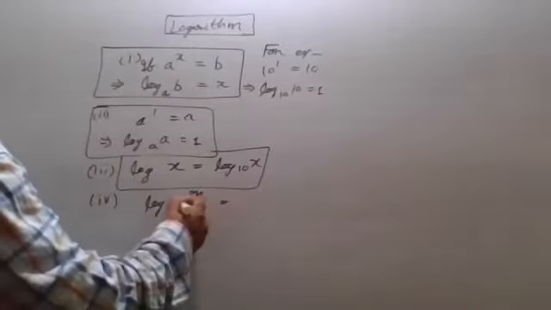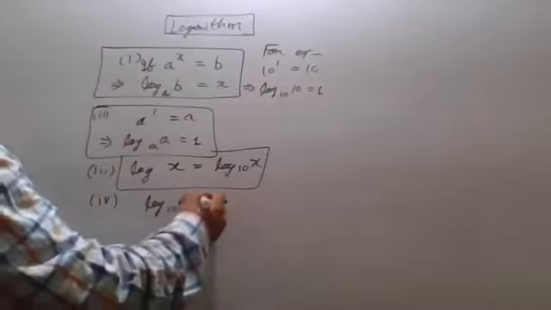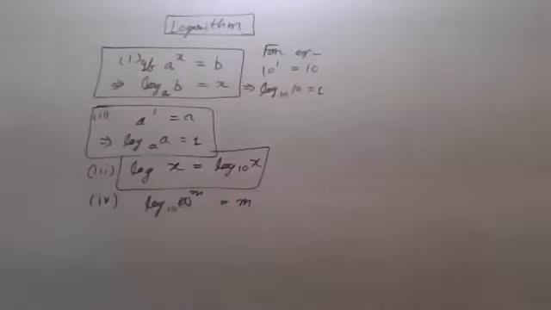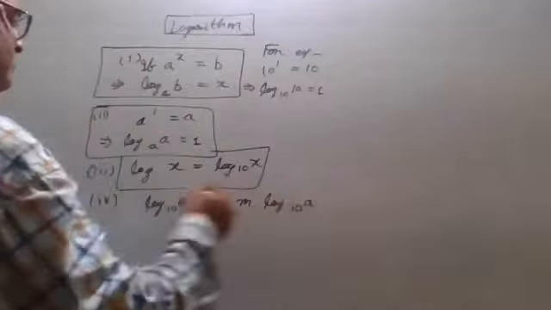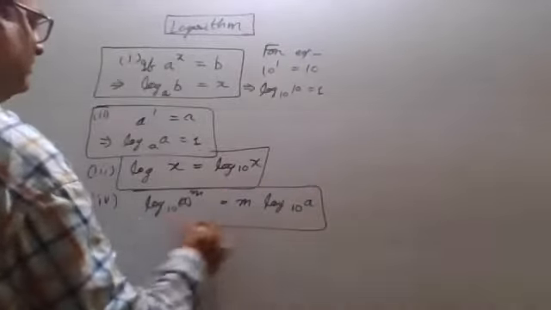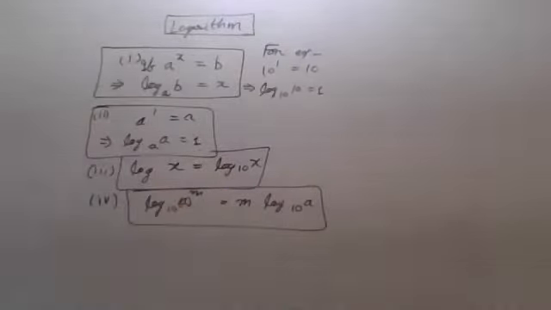So the power m becomes the coefficient: m into log a base 10. Log a to the power m base 10 equals m log a base 10.